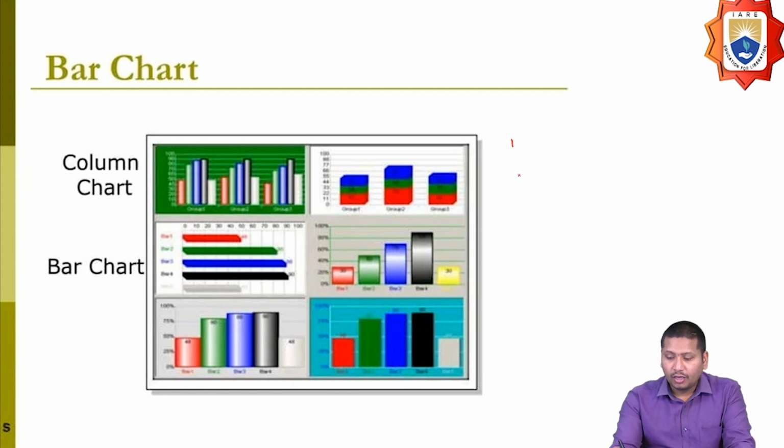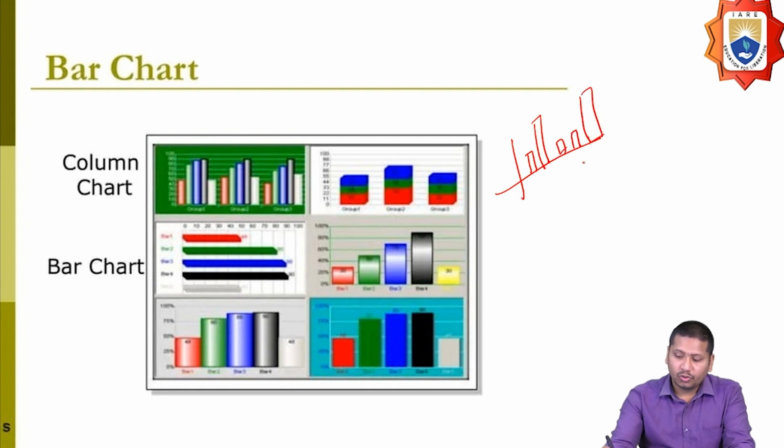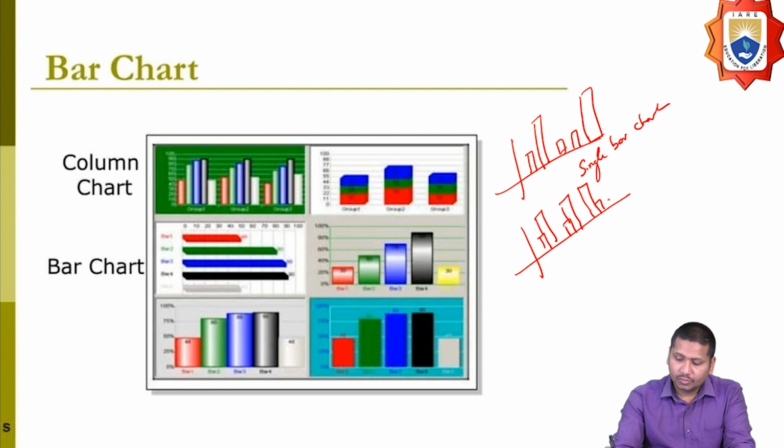Normally, if I want to represent a single independent variable, then it should be a single bar chart diagram, what we call it. Similarly, if I'm going to use two independent variables for particular data, let it be A, B, C, D, that I'm going to compare, then it should be a multiple bar chart.